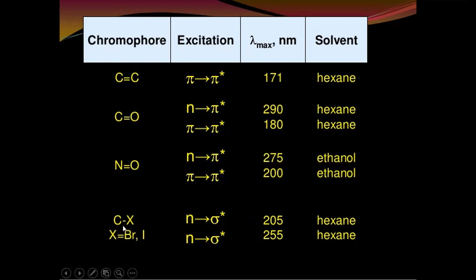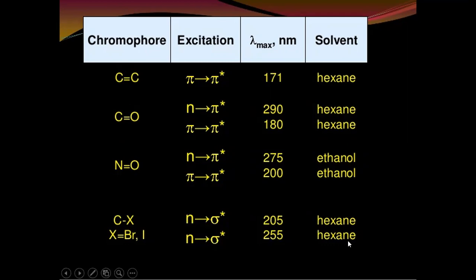Now coming to the alkyl halide, you can take bromide or iodide. Here the excitation is n to sigma star. The lambda max is 205 and here 255. The solvent we are using is hexane.